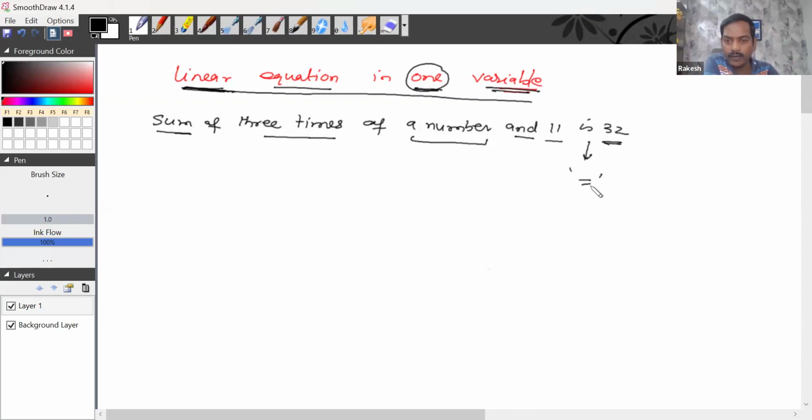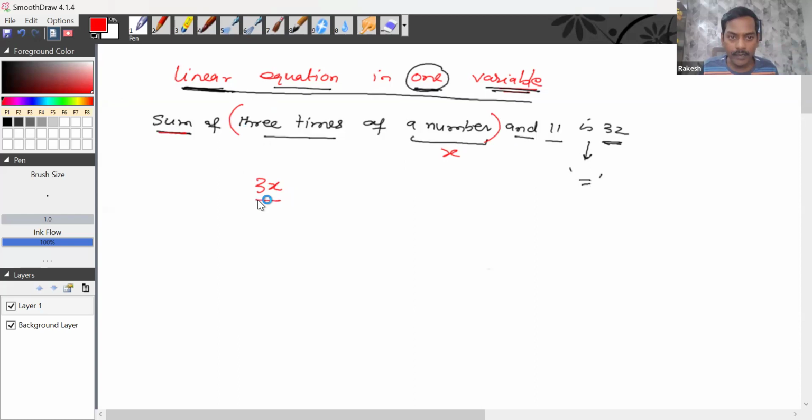Correct? So what we can do here is that since the number is not known, let us represent that number by taking the help of a variable. So let me assume that the number is x. Let the number be x. So this thing has to be taken care of first: 3 times of a number. And what we are doing with these 3 times of a number is a sum.